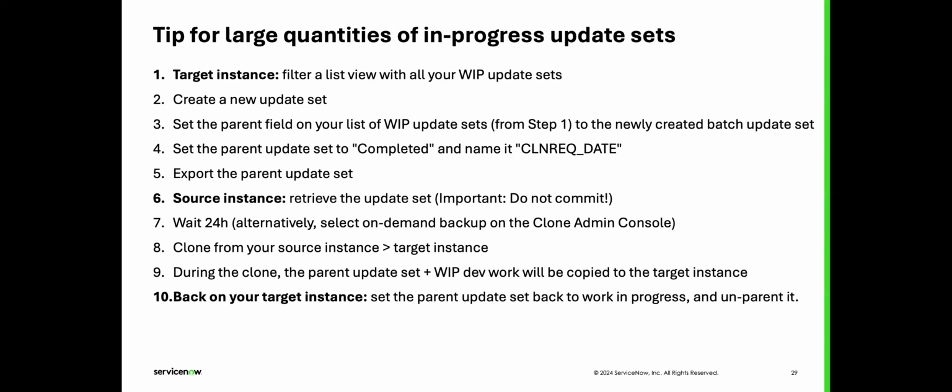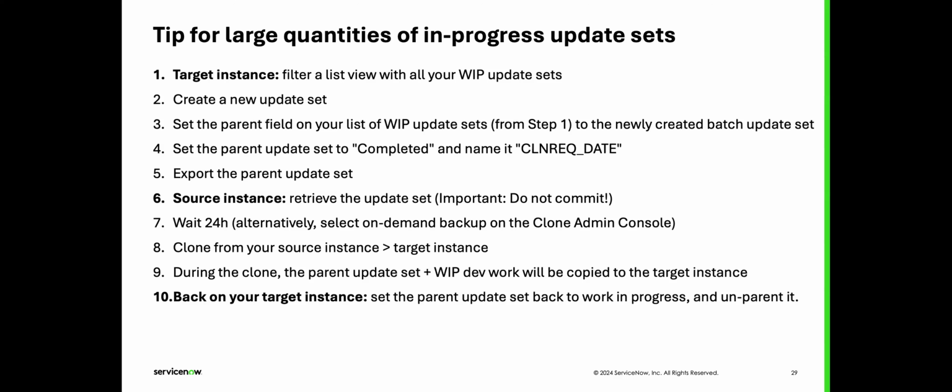Kudos to Andrew Barnes, who presented this a couple of years ago. These are some steps you can take. We'll walk through them. It looks like a lot, but essentially there are three steps: one on the target instance before your clone, one on your source instance, and then after the clone, back on your target instance.